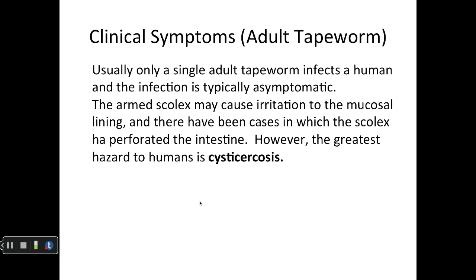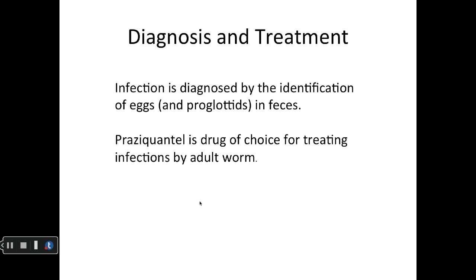Now, the clinical symptoms of just having the adult tapeworm, not of having cysticercosis, are really fairly mild. You can have some irritation to the mucosal lining. There are very rare cases where the scolex has actually worked its way into the submucosa and even perforated the intestine, but that's extraordinarily rare. So generally, you just have the mild sort of abdominal symptoms of almost any intestinal tapeworm.